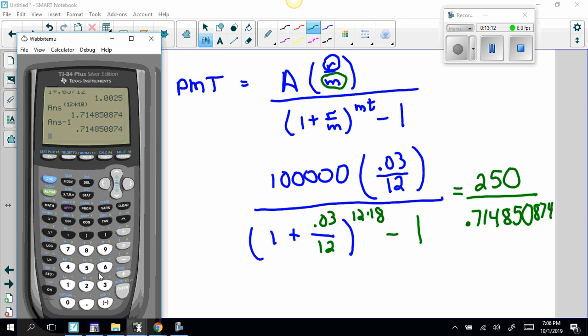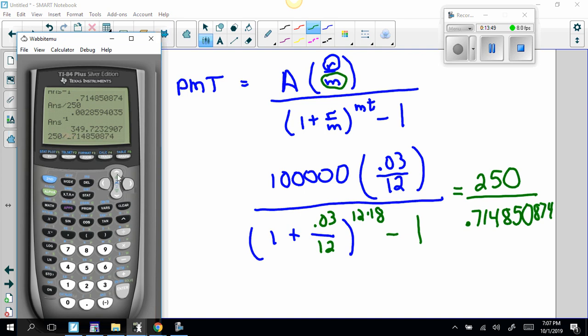Now I'm going to do this for real. You could actually divide it backwards. So if you can go divided by 250, and this x to the minus 1 key is the flip it over key. That's usually what I do. But for those of you who are not into that, 250 divided by 0.714850874.